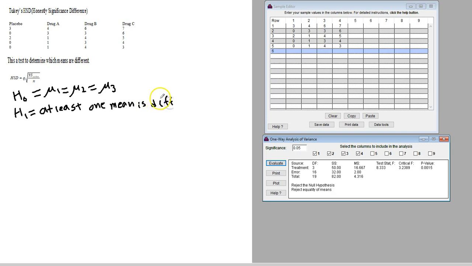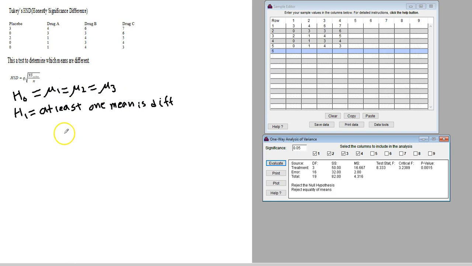So when you reject the null hypothesis, then we are assuming that H1 is true, so at least one of them is going to be different. Now the natural question is, okay, which one? And that's the one we are using the Tukey HSD for.